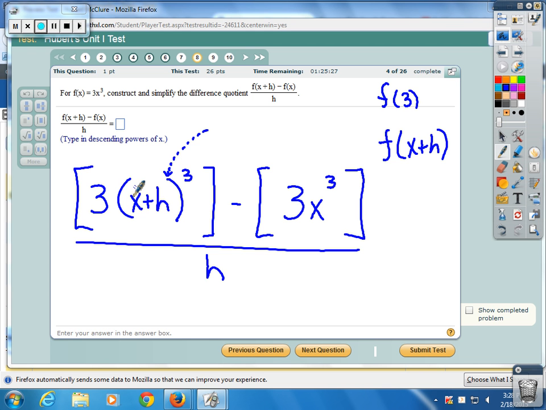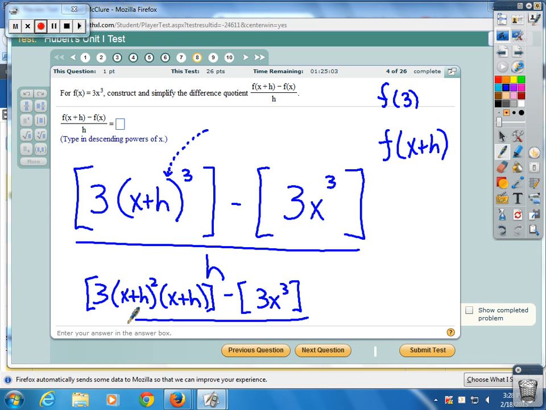This right here can be broken up into 3 times x plus h quantity squared, times x plus h. And what is this? Shortcut number 1. So get to work on the algebra there. Brackets, minus 3x cubed over h. So go ahead and be working on this.